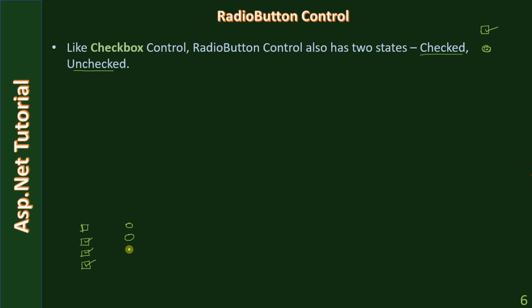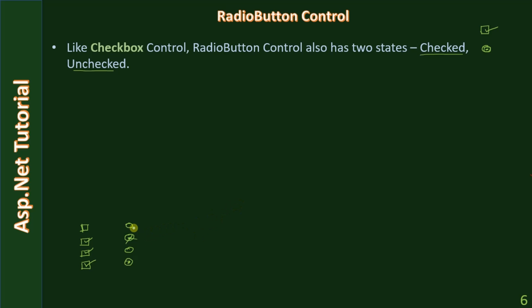If we state we have 4 radio buttons in a single group, then you can select only one radio in a group. When you place a tick mark on another one in the group, the earlier tick mark will be removed. That means you can select only one in a group.